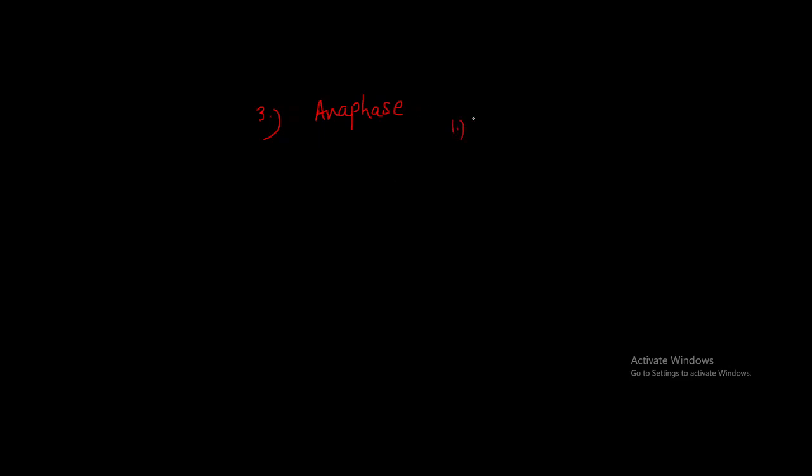One is dynein and another one is kinesin. Okay. So with the help of these proteins, the chromosomes will start moving away from each other. So let's say this is your centrioles and these are your microtubules.